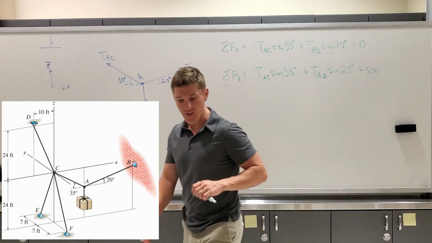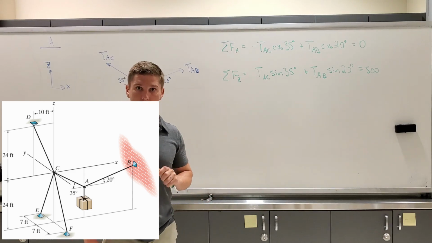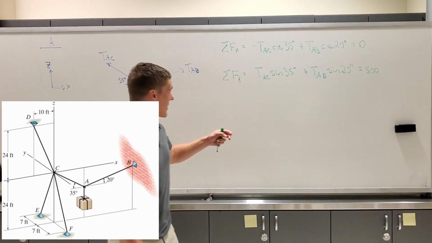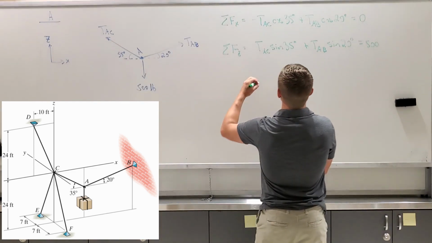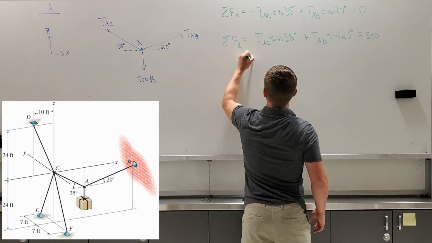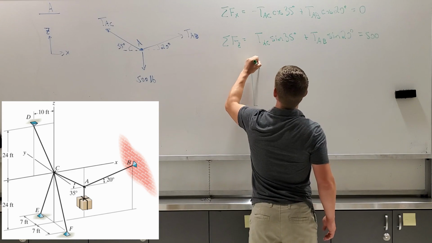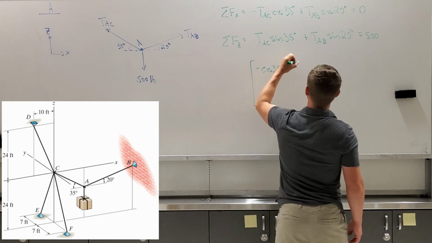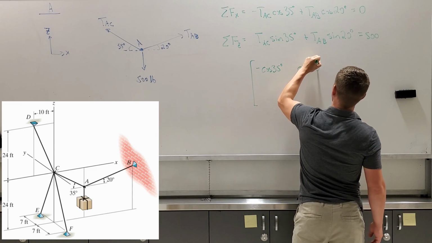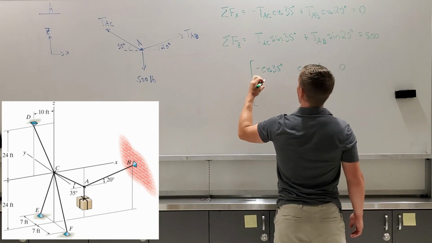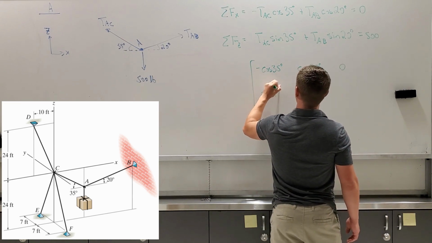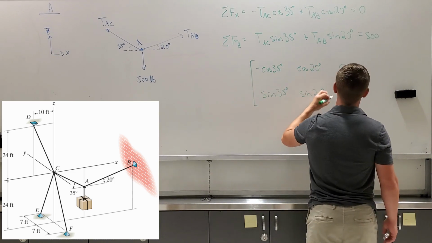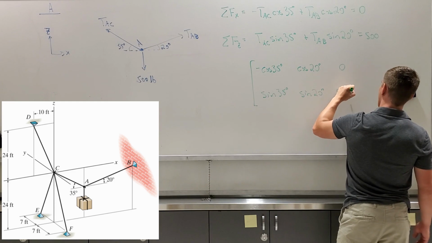You can solve this any way that you want, but I'm going to solve it using matrices and linear algebra, and we can say that I have a negative cosine of 35 degrees, a cosine of 20 degrees, a 0, and I have a sine of 35 degrees, a sine of 20 degrees, and a 500 here.